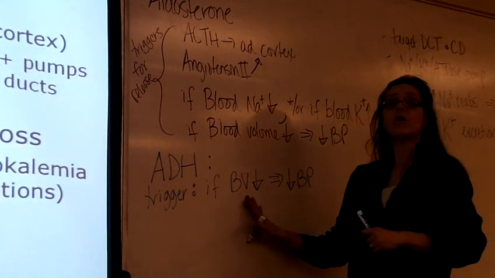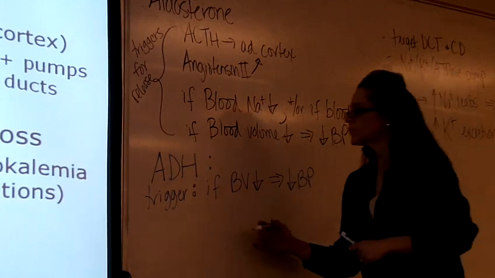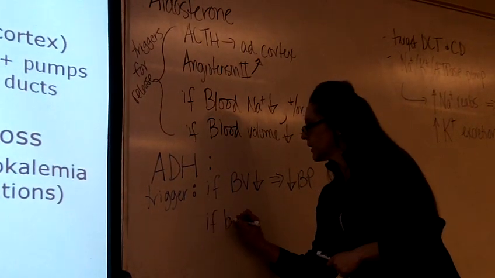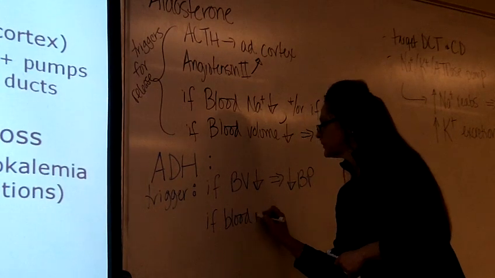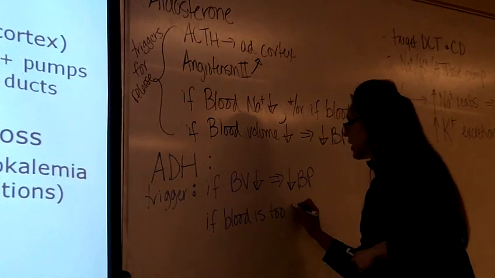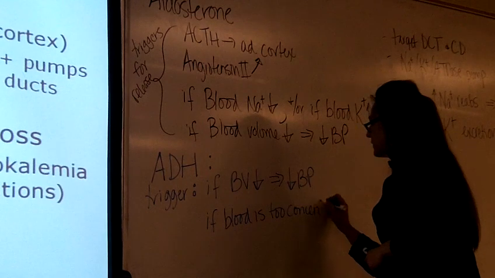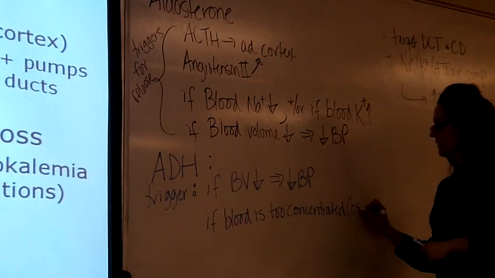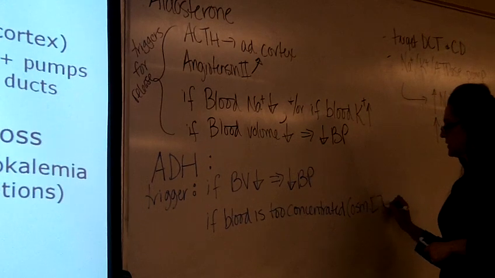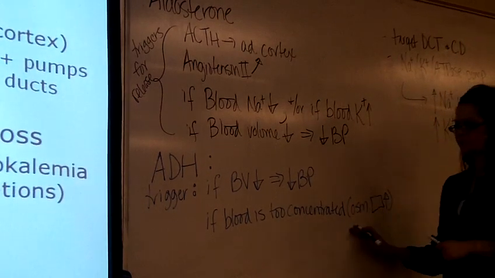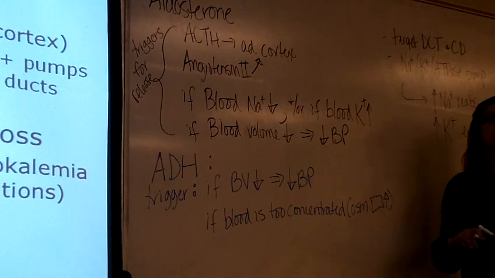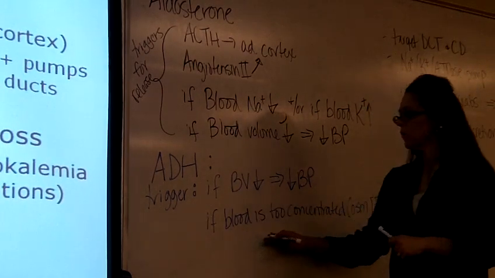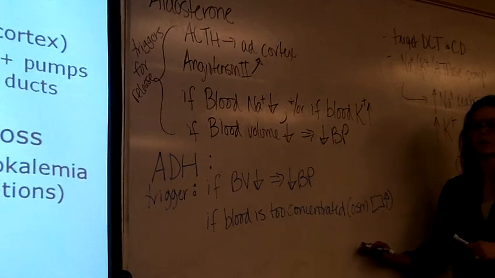So if your blood volume is too low, or another way of thinking about that, if your blood is too concentrated, meaning that the osmotic concentration is too high. Right? Basically means you don't have enough water in your blood. So blood volume is low, or the blood is too concentrated.